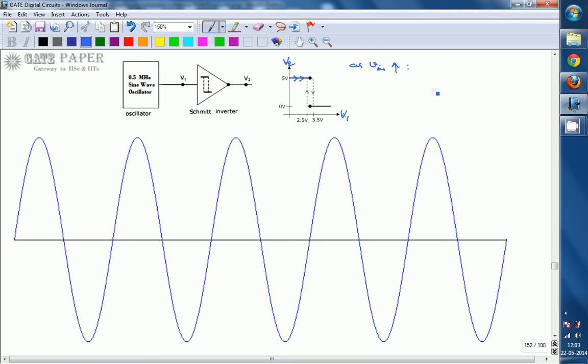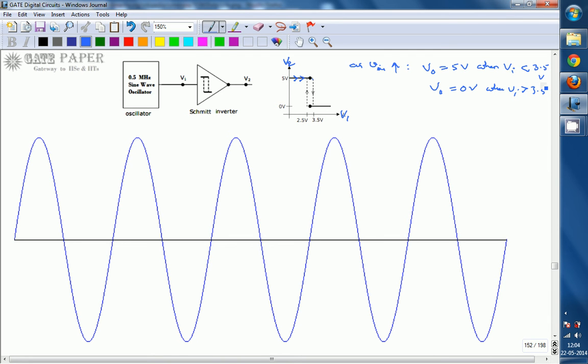As the input voltage increases, V0 will be equal to 5 volts when Vi is less than 3.5 volts. If Vi is less than 3.5 volts, then V0 will be 5 volts, otherwise V0 will become 0 volts when Vi is greater than 3.5 volts.